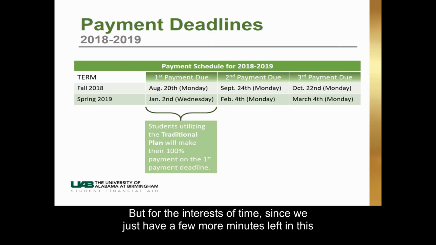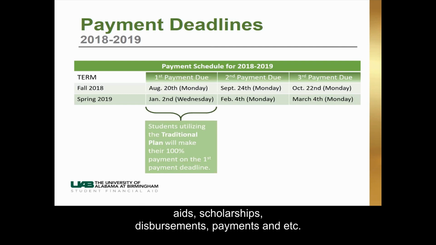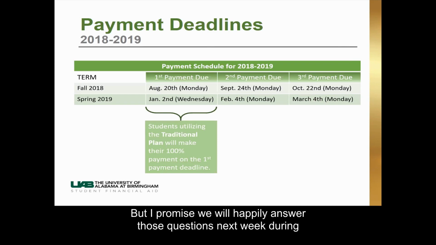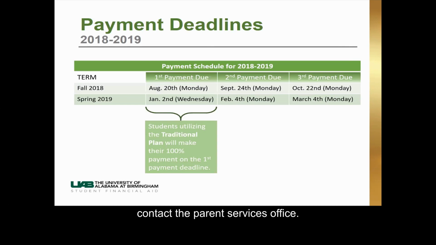But for the interest of time, since we just have a few more minutes left in this presentation, I do want to stick to just the remaining questions related to financial aid, scholarships, disbursements, payments, et cetera. But I promise we will happily answer those questions next week during our webinar, and as well as through email and the Parent Family Services office.